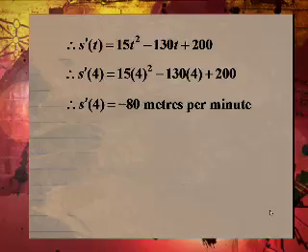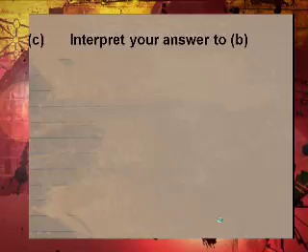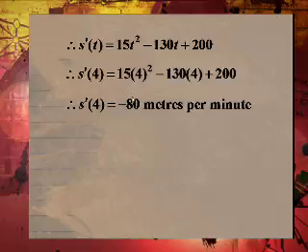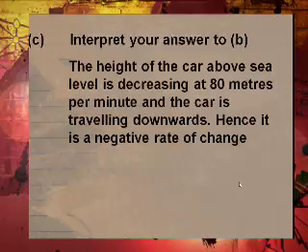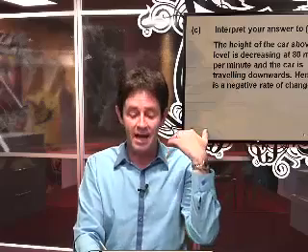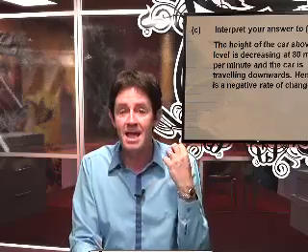What does that mean? If we look at it in calculus, what does minus 80 meters per minute mean? Question c says to interpret your answer: the height of the car above sea level is decreasing at 80 meters per minute, and the car is traveling downwards. Hence, it is a negative rate of change.